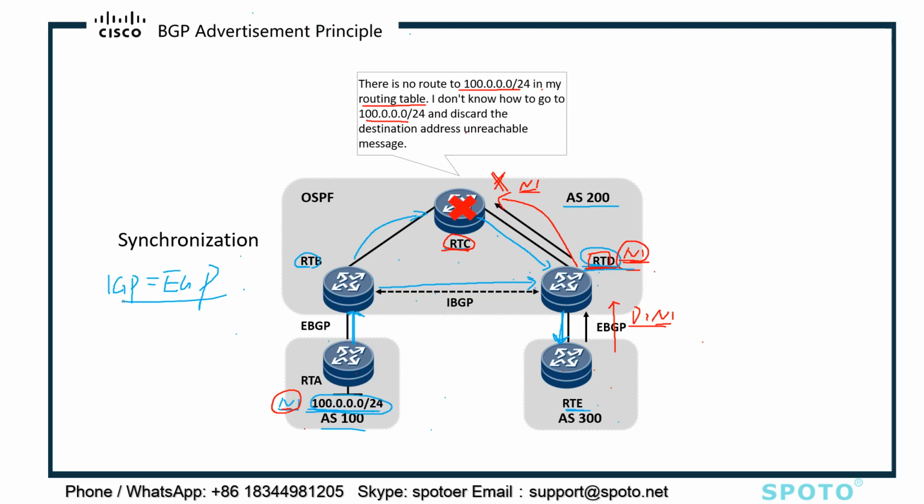If IGP and EGP are not synchronized, I will not advertise this route. We can use the synchronization command in the BGP protocol to enable this function. Next, I will use a little lab to show you how to advertise the route in the BGP protocol.